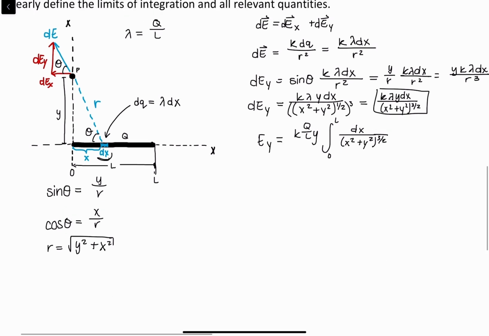Now we can repeat this process for the x component. So dEx will be equal to cosine theta. I'm going to replace lambda here.